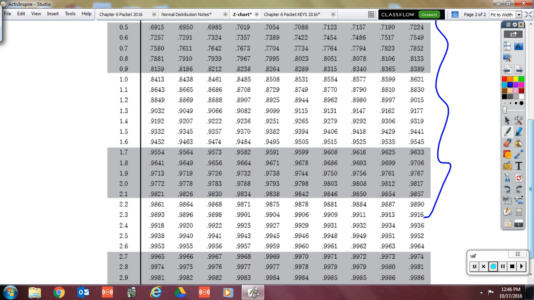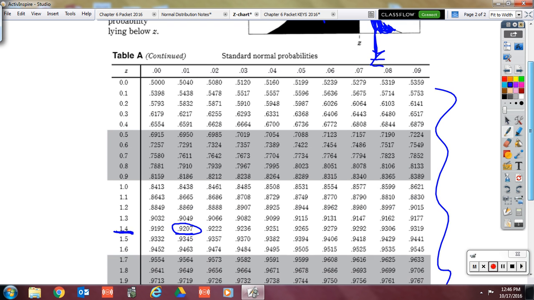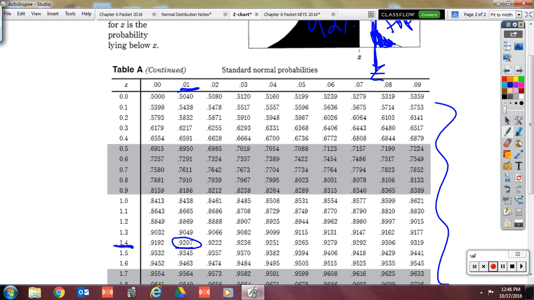Okay, let me see. Here we go. That's the closest one. So that is a z-score of 1.4. And go up and find the hundredths place right there. So this z-score with 8% above it is 1.41.